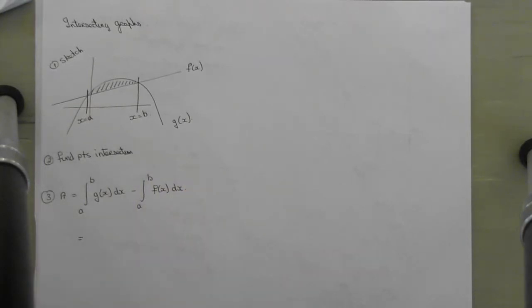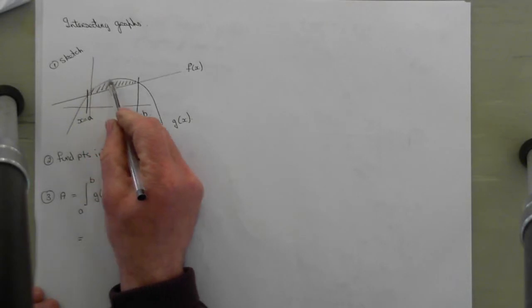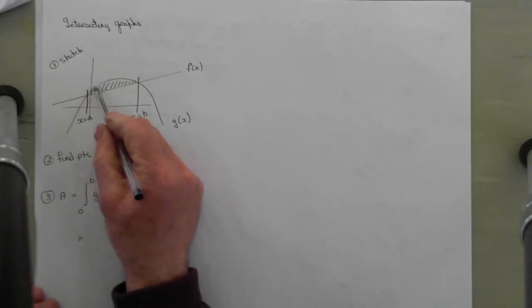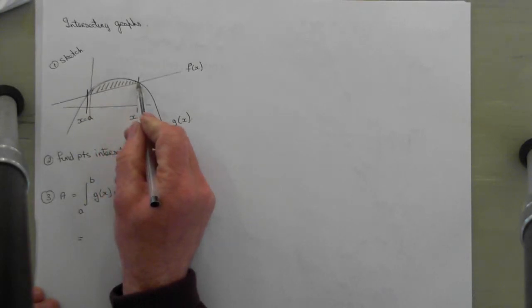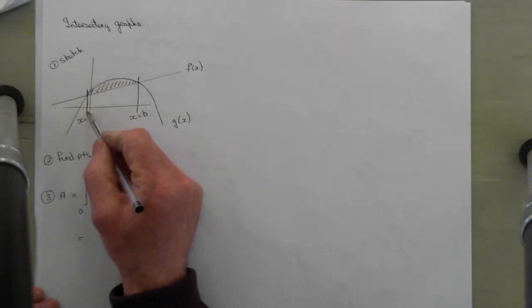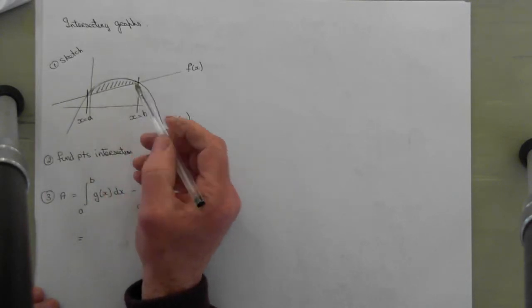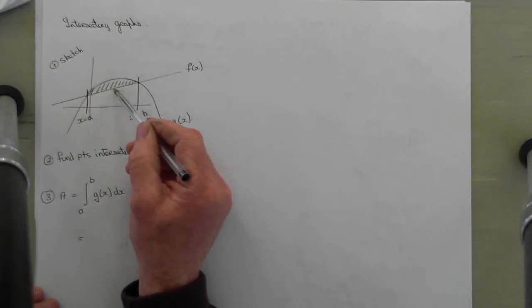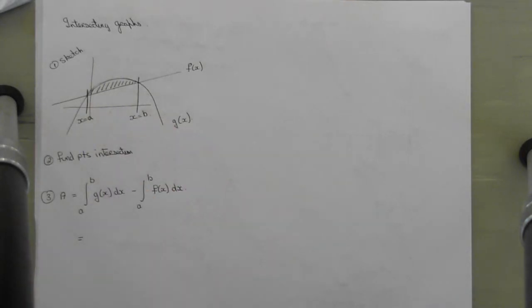When you do the g of x, you get the area between that curve and the x-axis. When you do the straight line, you get the bottom bit. When you integrate, you get the area from the curve all the way to the x-axis, and then it's one minus the other.